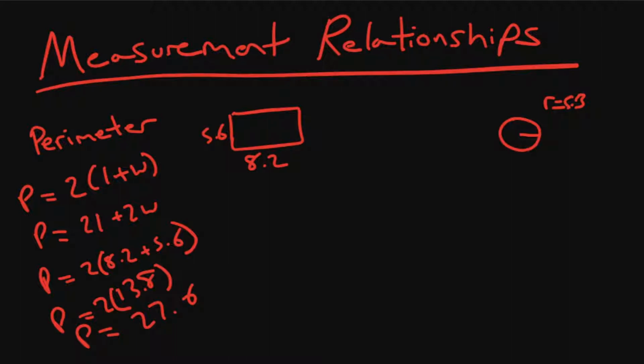And just for educational purposes, from one end to the other end, going through the middle, is the diameter. And the diameter is 2 times the radius. So just remember that.